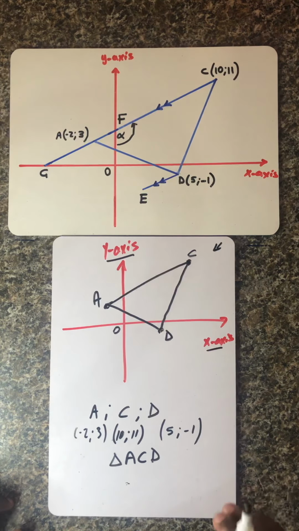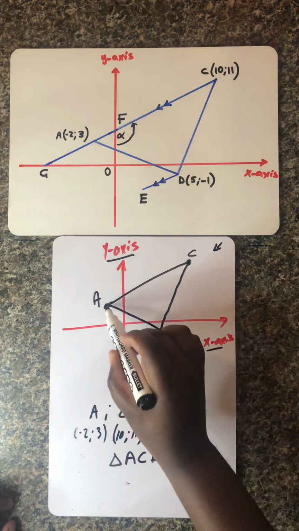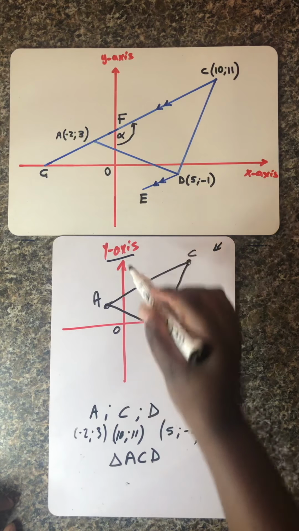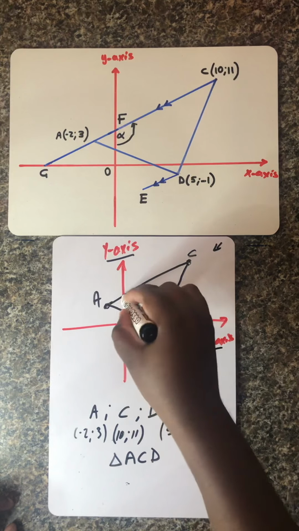Okay, so can we further interpret this diagram, ladies and gentlemen? You've got a line which is AC, which cuts the y-axis at that point there.